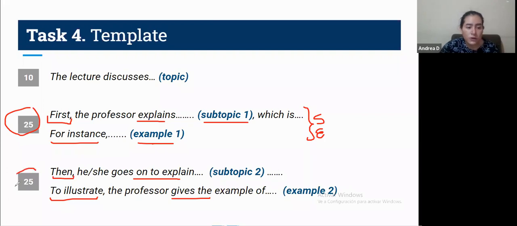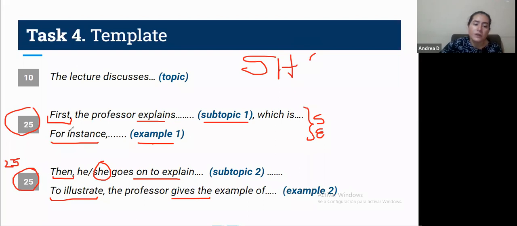Then you move on to the other one. So when you have 25 seconds left, you should be starting the second one. You say, then, in this case, a female professor, don't forget to write down in your notes, she, so you know. So then she goes on to explain features, which are those extra things that a product has, not necessary, but that make them cool. And then you give the example to illustrate.